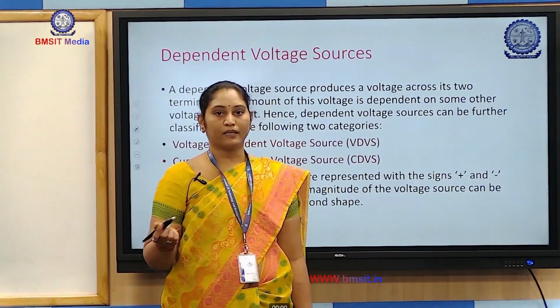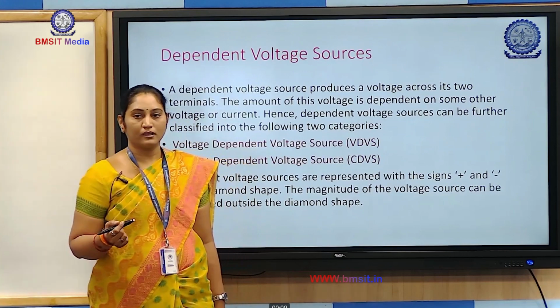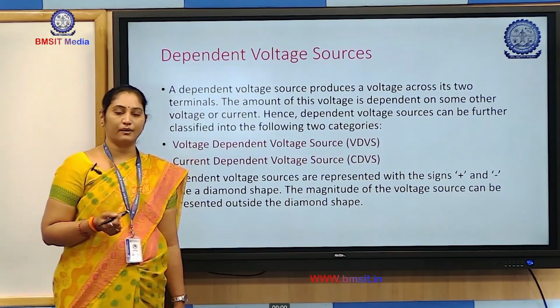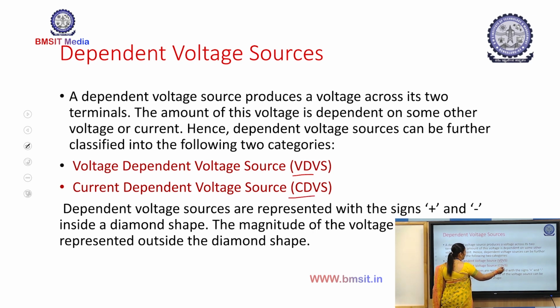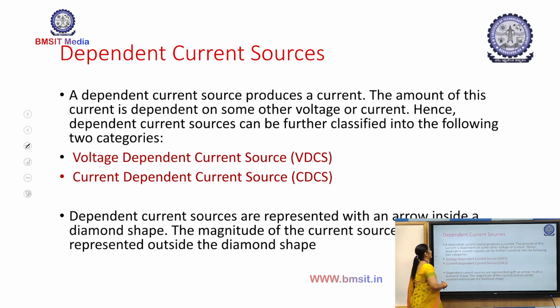Similarly for the dependent current source. The dependent voltage source can be further classified into two categories: voltage dependent voltage source and current dependent voltage source.